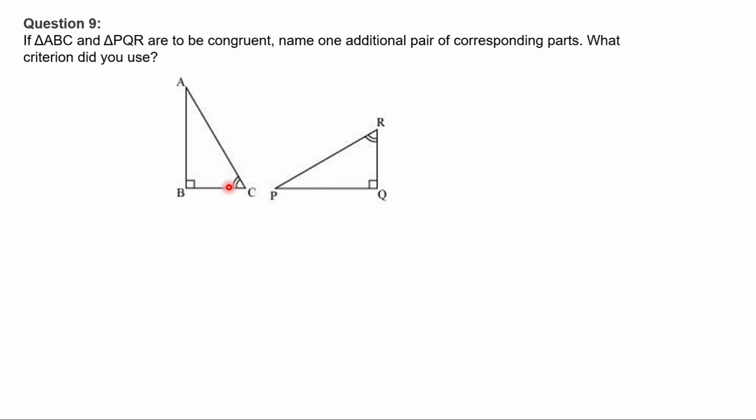So this angle is equal to this one and this angle is equal to this one. So here we have two angles. So definitely if we have two angles, we want one side. Which side do we want? You write the answers in the comment box.